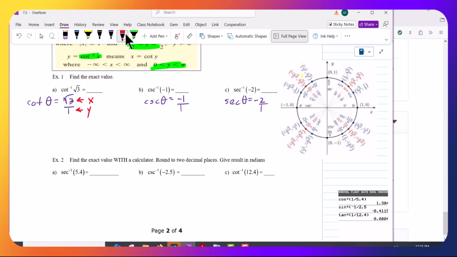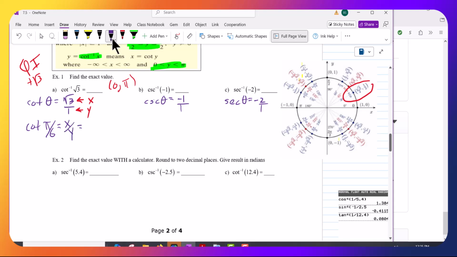The cotangent's range is going to be on the interval 0 to pi. Since you have a positive square root of 3, you're going to get a quadrant 1 angle out of this, and your job is to find that angle. If you look at your unit circle, you know you're in quadrant 1. The cotangent of pi over 6 is equal to x over y.